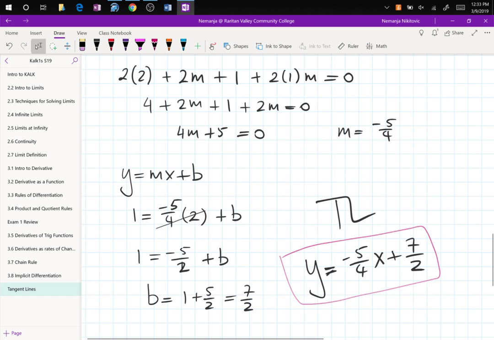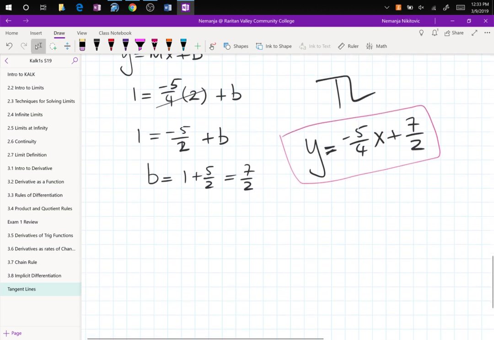Problems 61 through 64. Find an equation of the line tangent to the curve at the given point. And they give us a few of these. So 62 has polynomials dividing, and 64 has an exponential function divided by a polynomial.